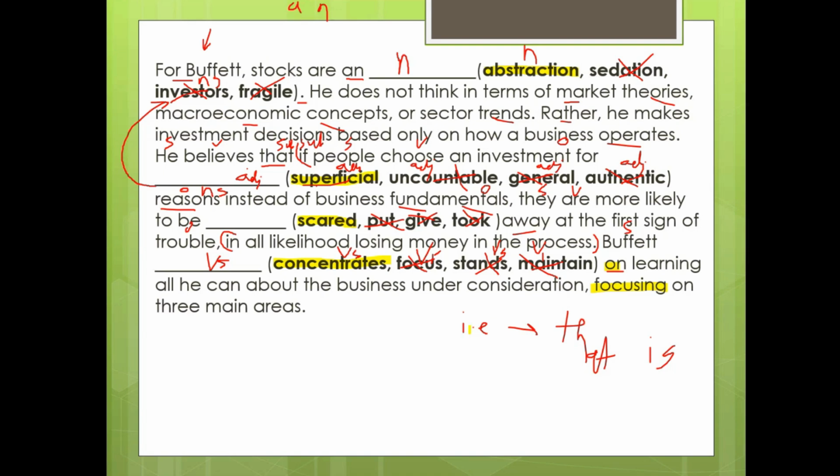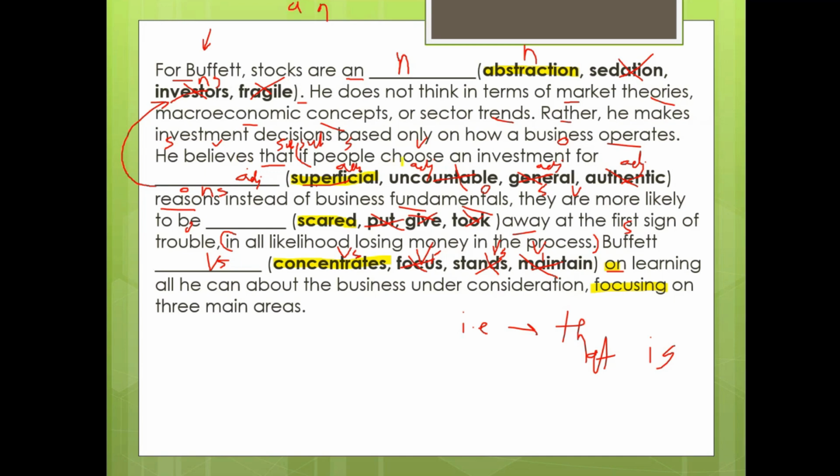General, when it comes to very general reasons. Here they have stated for Buffett, stocks are an abstraction. He does not think in terms of market theories, microeconomic concepts, or sector trends. Rather, he makes investment decisions based on how a business operates.